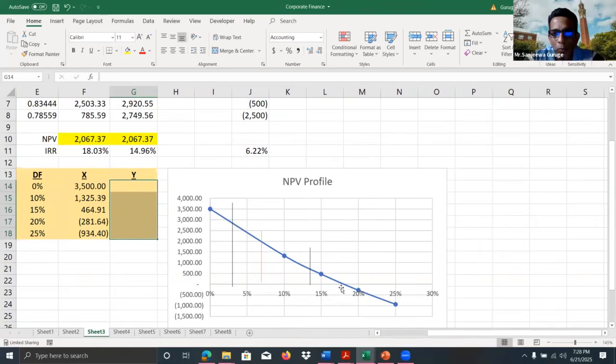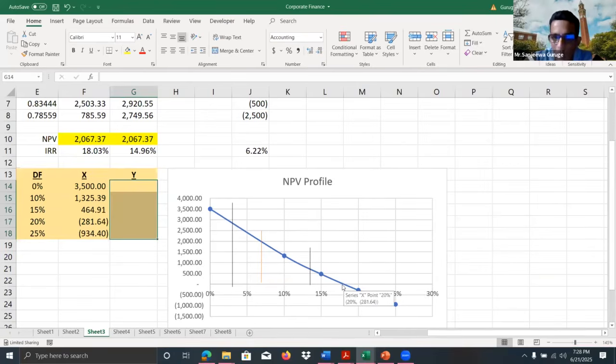Now, what can we identify from this graph? We can see that as long as the cost of capital is less than this rate, NPV is positive, right? Because we know the point where the NPV profile crosses the horizontal axis. Horizontal axis means the cost of capital axis, right?